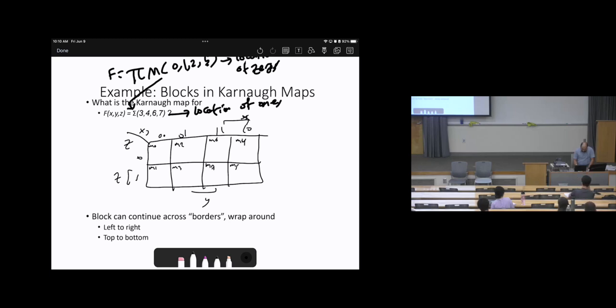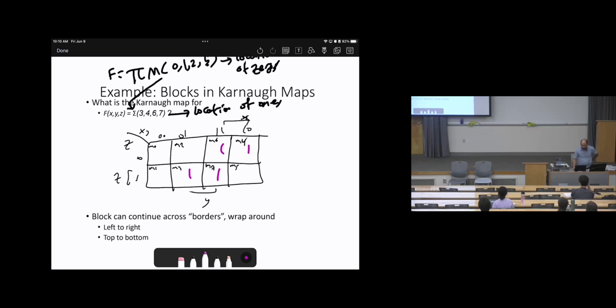The more you practice, the more you memorize this table, then it will be trivial for you. So look, the location of ones will be at 3, 4, 6, 7.